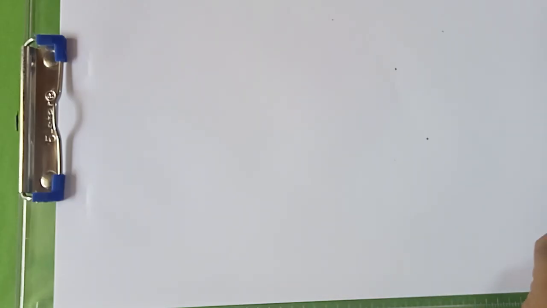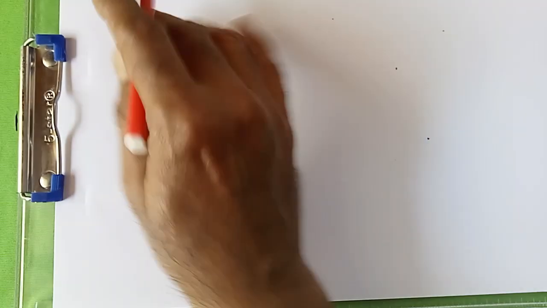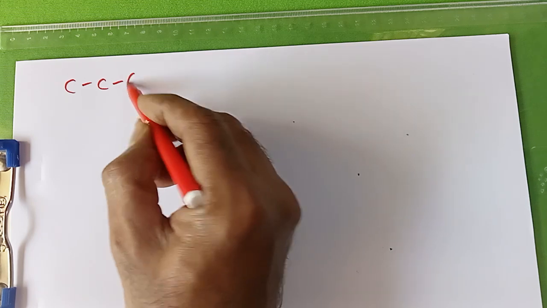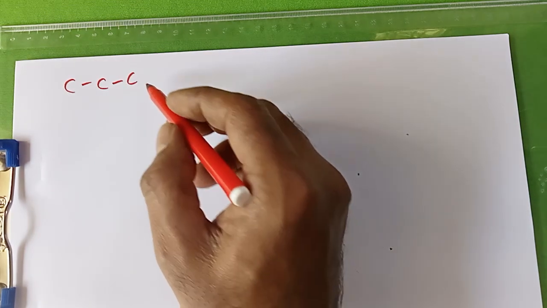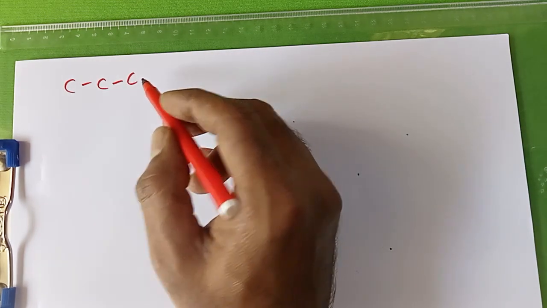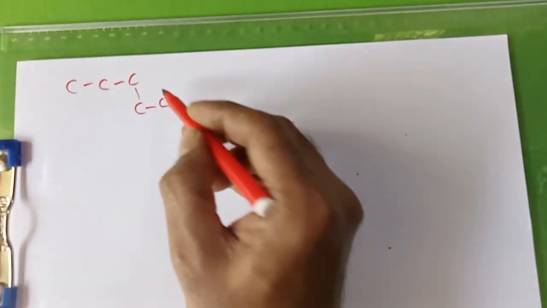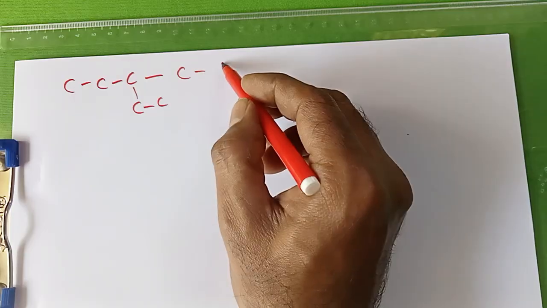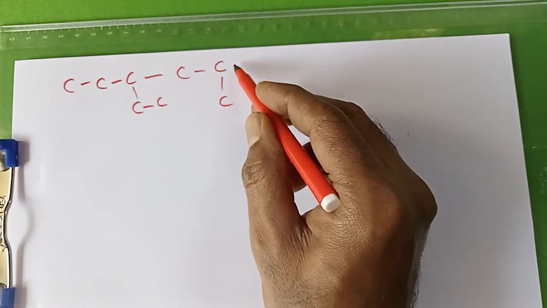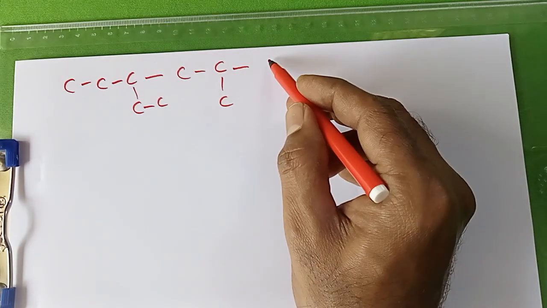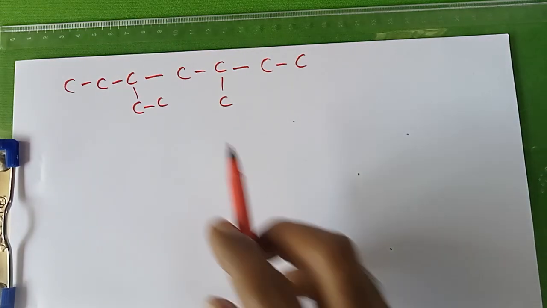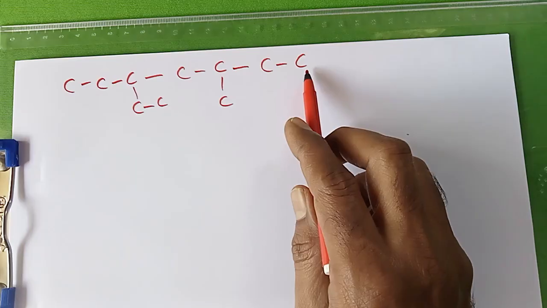The next example, what is present? One carbon, next alkane, NCERT. Carbon, carbon. Here again carbon, the third carbon has one ethyl group, C and C. Next one C, again C, here C, and C and C. So here is a simple chain, and we need clarity.